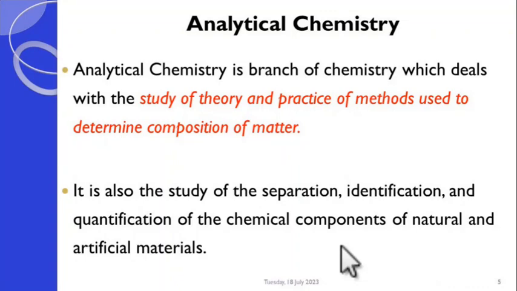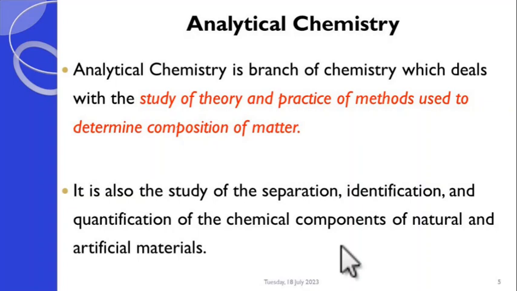Now let us look at an overview of what analytical chemistry is. We are saying that when we study theories and practices in terms of the methods that are used to determine the composition of matter, such study falls under a special branch of chemistry.